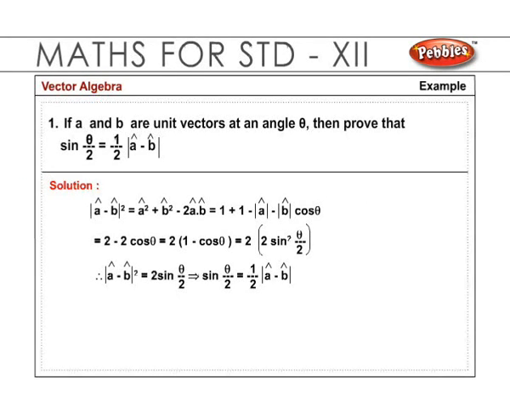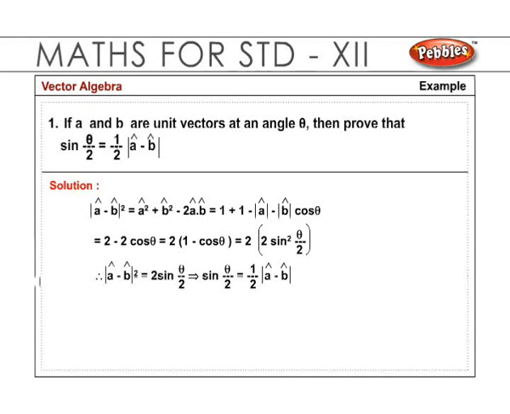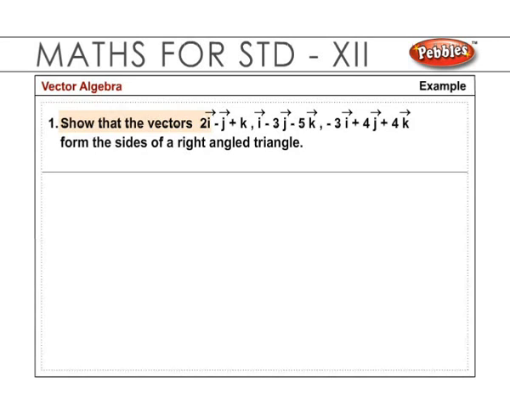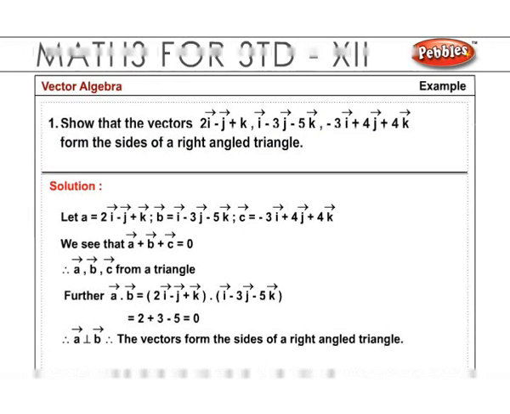Applying the trigonometric formula, we get modulus of A minus B the whole squared is equal to 4 sin squared theta by 2. This gives the result. Show that the vectors 2i minus j plus k, i minus 3j minus 5k, minus 3i plus 4j plus 4k form the sides of a right-angled triangle. The proof of the problem is shown on the screen.